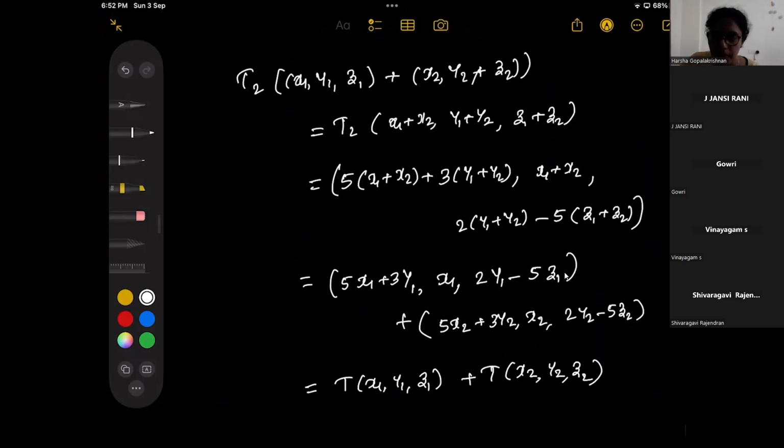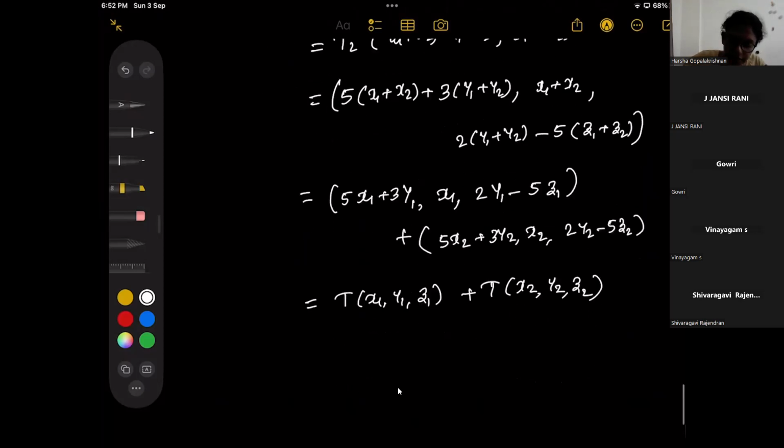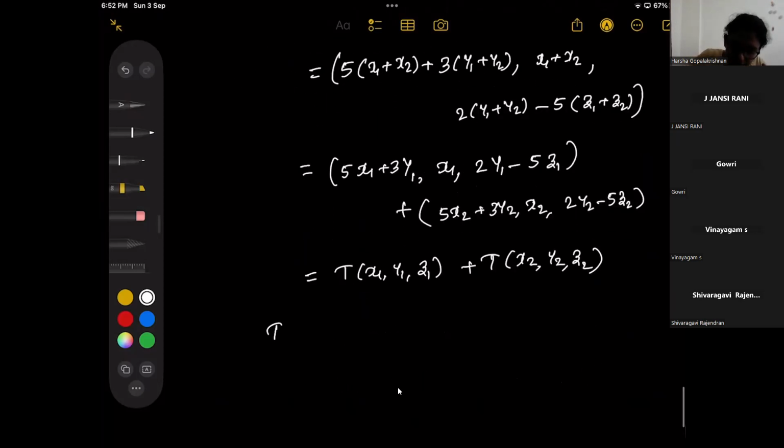Is this clear? How we have proved this linearity in this case? Any doubt here? No, ma'am. So we proved that the second one, T2, is a linear transformation.